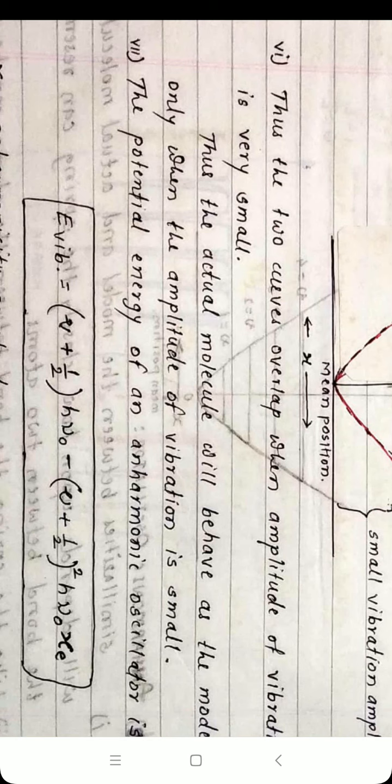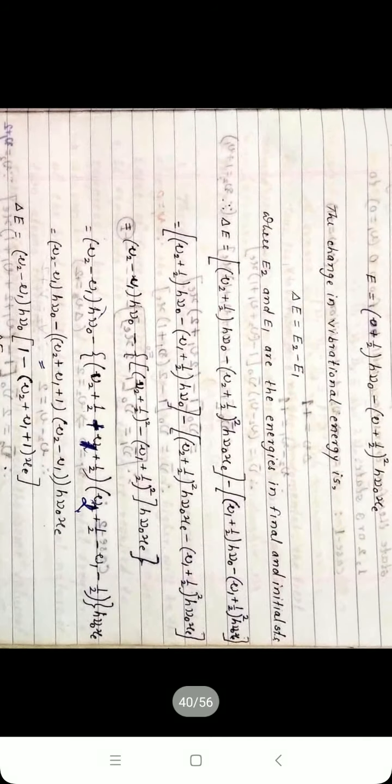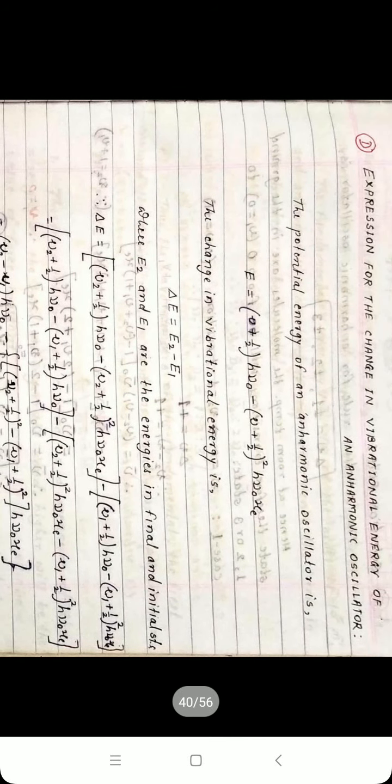What is xe? xe is the anharmonicity constant for vibrations in the molecule. Based on this, by considering the molecule as an anharmonic oscillator, we discuss here the expression for change in vibrational energy of an anharmonic oscillator.